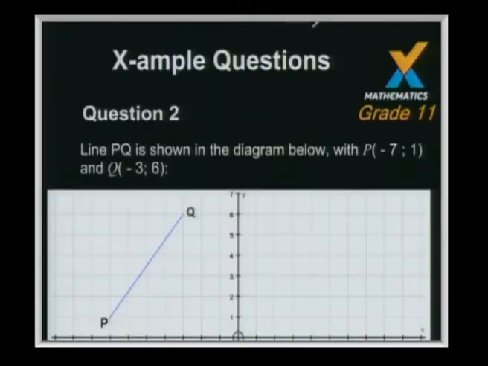Right, here we go to question 2. Now they're going to do glide transformations, rotations, reflections around axes. Let's actually see what they've got.